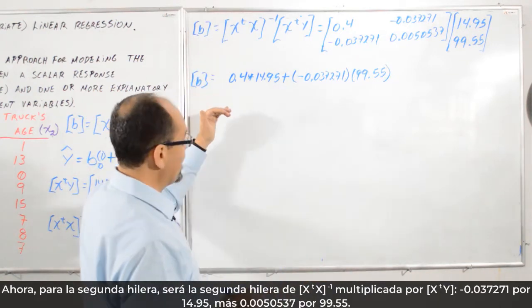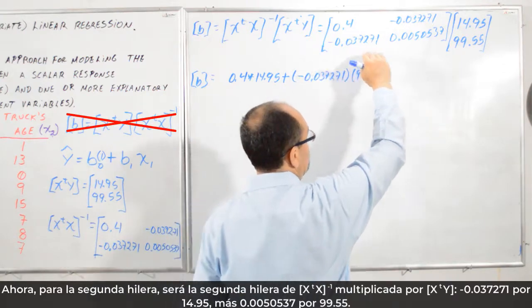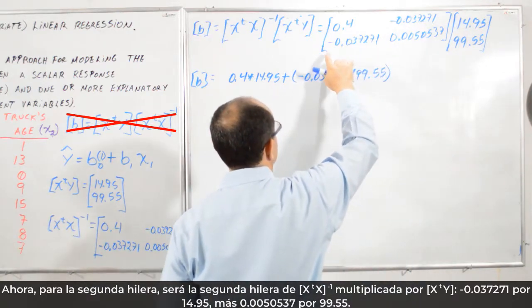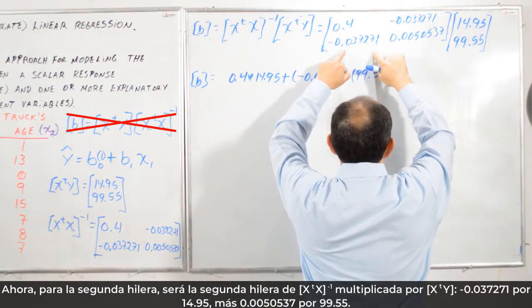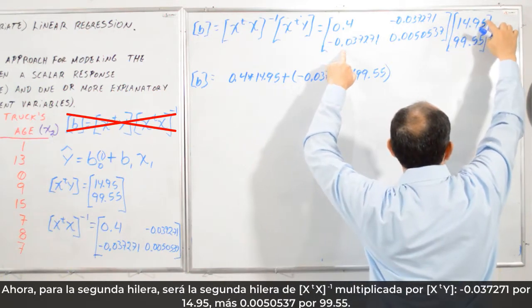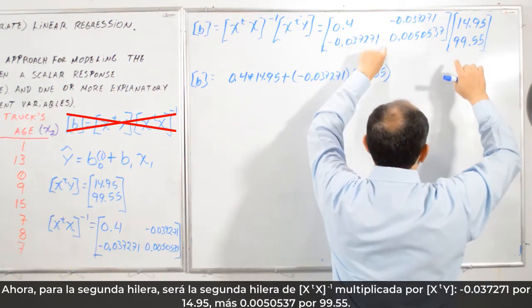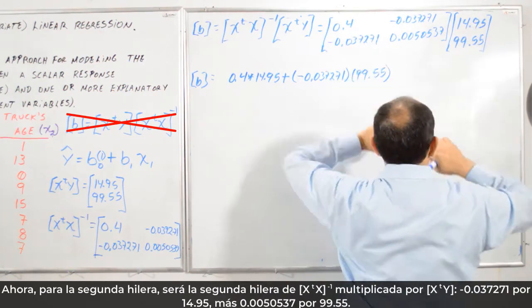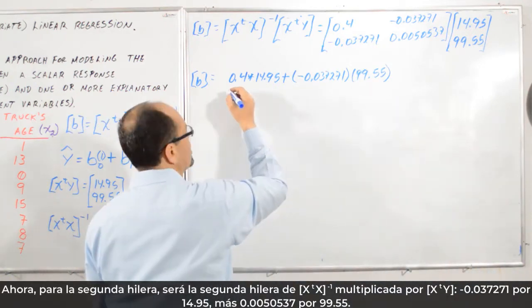Now for the second row, it will be minus 0.0375 times 14.95 plus 0.005 times 99.55.